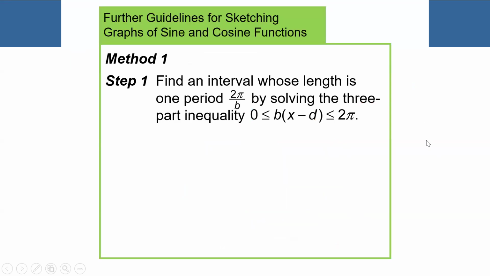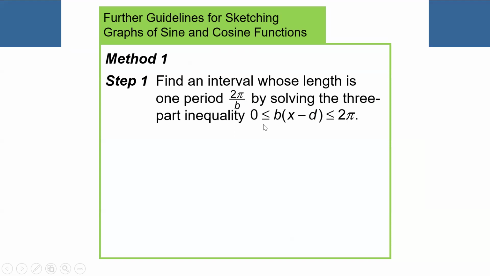Okay. So I printed out these notes for you and it goes through the steps of figuring out our interval. Method 1 is my preferred method. By all means, find the interval whose length is 1 period, which is 2 pi divided by your b.